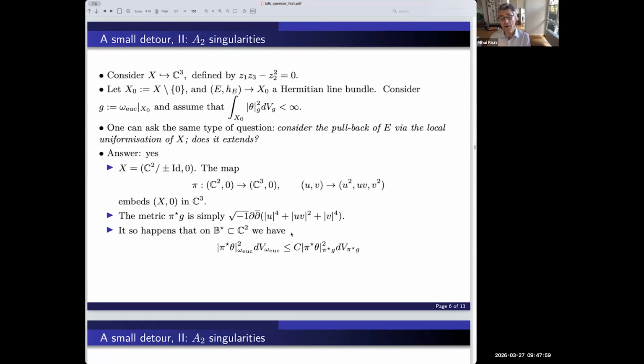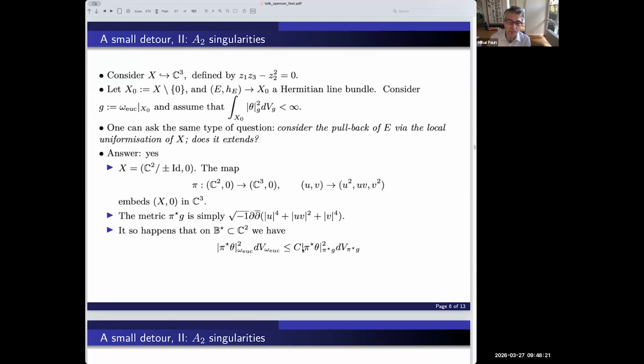Like I said, this is very special to A2, basically because this one is singular, but the eigenvalues are somehow proportional, right? So it degenerates in the same way. This is why we were able to prove this inequality.